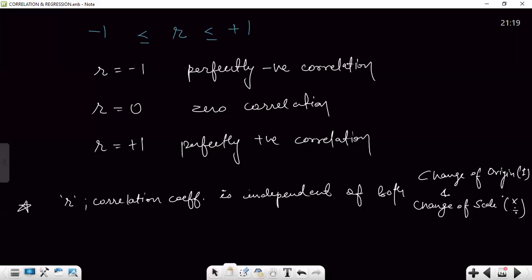Very important for you to understand. The correlation coefficient is independent of both change of origin as well as change of scale.